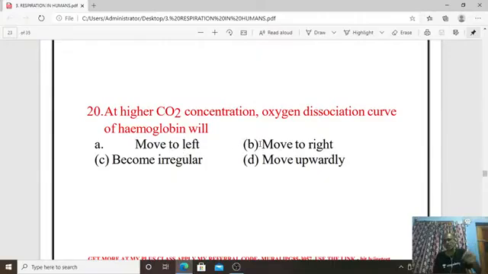If you take the percentage saturation of hemoglobin with oxygen on the y-axis and the partial pressure of oxygen on the x-axis, at the highest carbon dioxide concentration present in the body fluid, the oxygen dissociation curve of the hemoglobin will move towards the right.